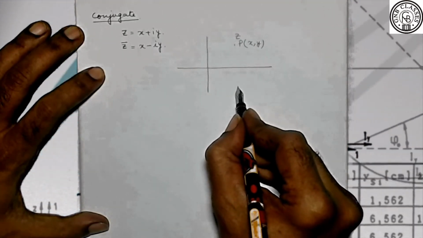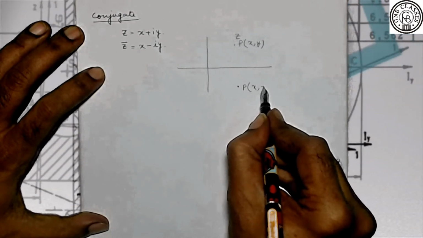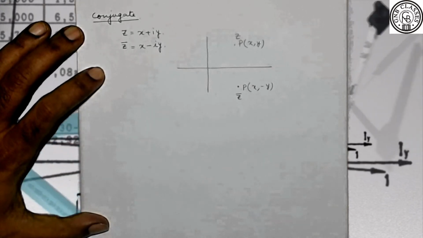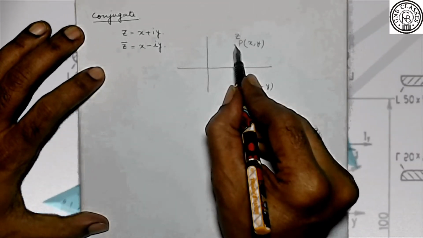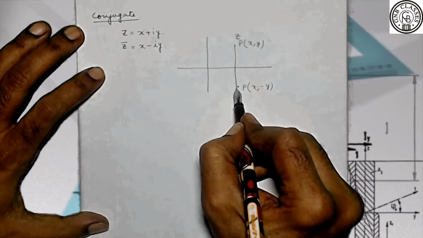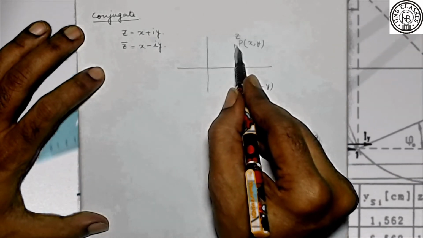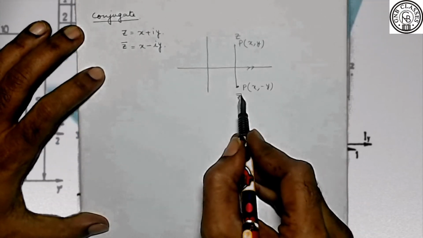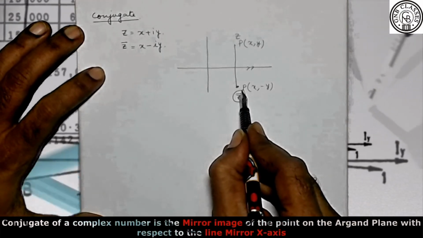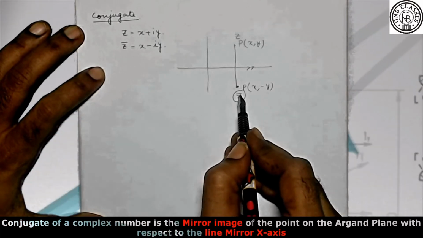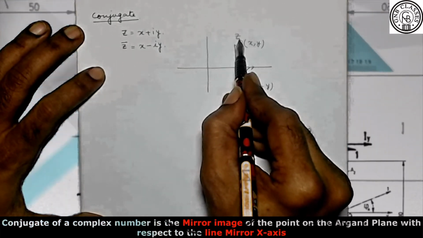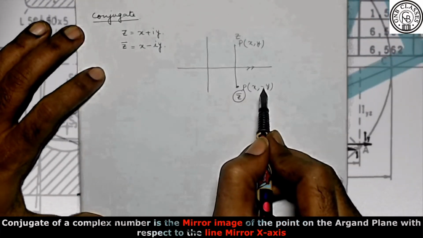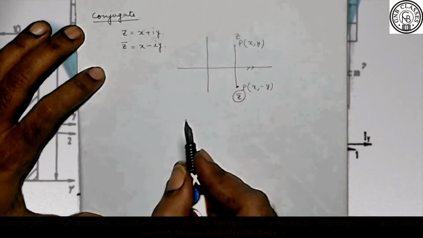Then the point which is (x, minus y), which is nothing but the conjugate of the complex number z, will be exactly vertically opposite to the point P. So in other words, we can also say that conjugate of any complex number is nothing but the mirror image of complex number z on the Argand plane with respect to the x-axis. Is it clear or not?